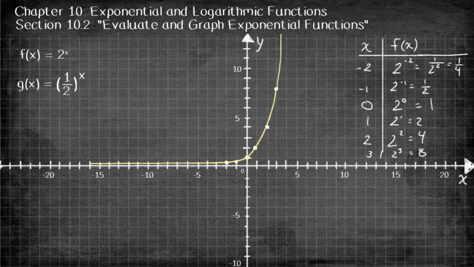And so let's look at the other one. Let's look at x and g of x. If we plug -3 into g of x, we get 1/2 to the -3rd. Negative exponents are reciprocal, so actually this is 2 to the 3rd, or 8.